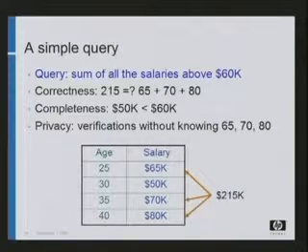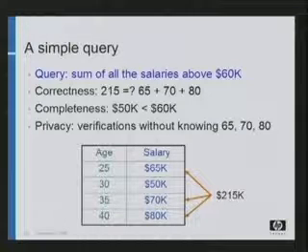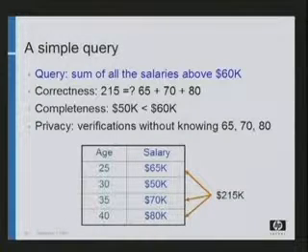Now, by correctness, we mean whether the sum 215 is correctly computed. Again, we consider privacy. We don't want to give the user the inputs; 65, 70, 80 are hidden from the user.